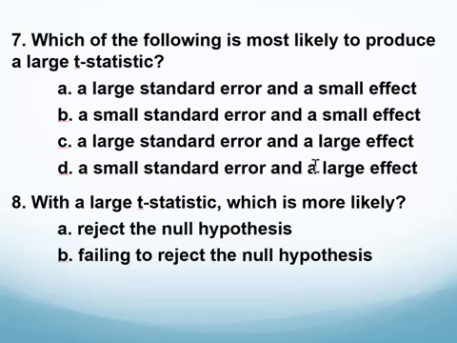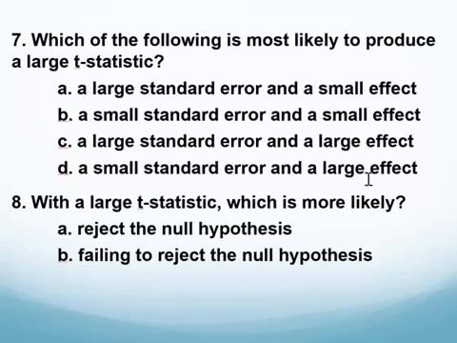Then the next question is, well, is it a small or a large effect that's more likely to produce a large t-statistic? And you can think about the effect as being the magnitude of the difference between mean 1 and mean 2, right? So really what we're talking about here is the size of the numerator. If the difference between mean 1 and mean 2 is larger, then I'm going to get a larger t-statistic than if the difference is smaller.